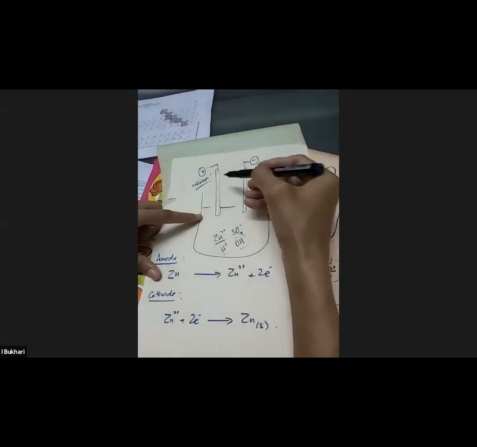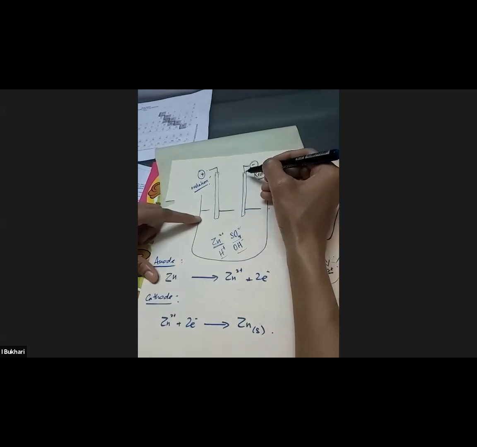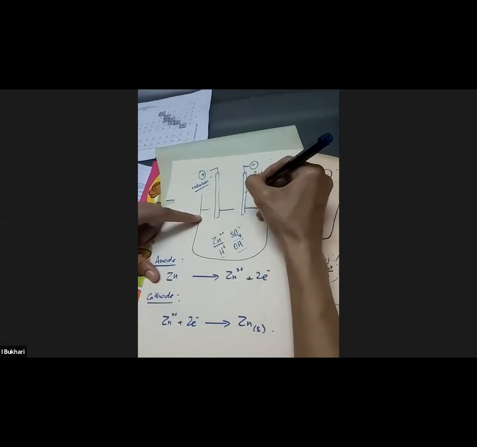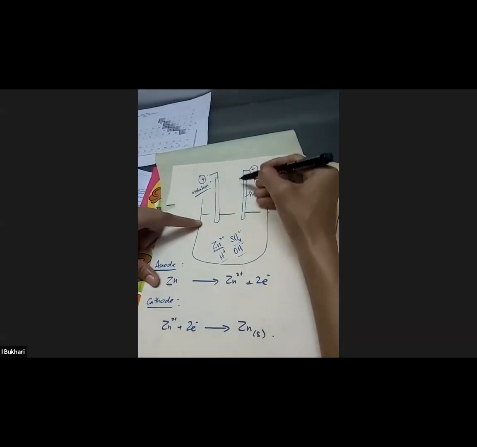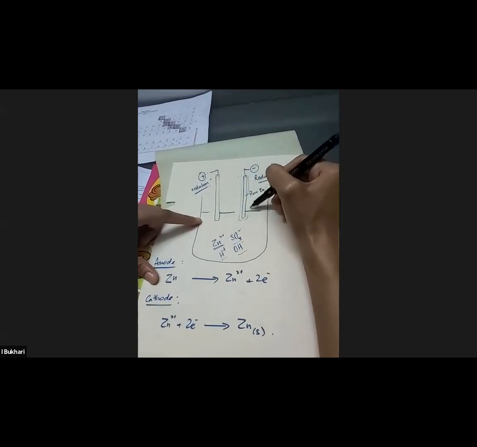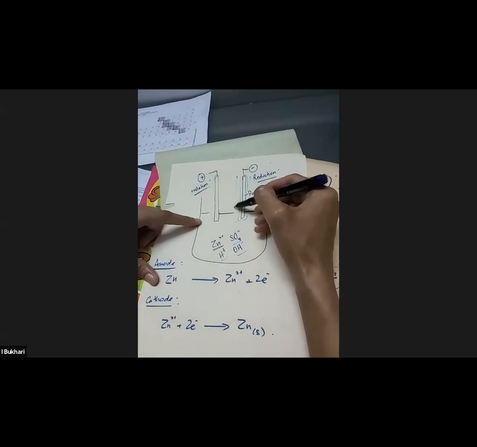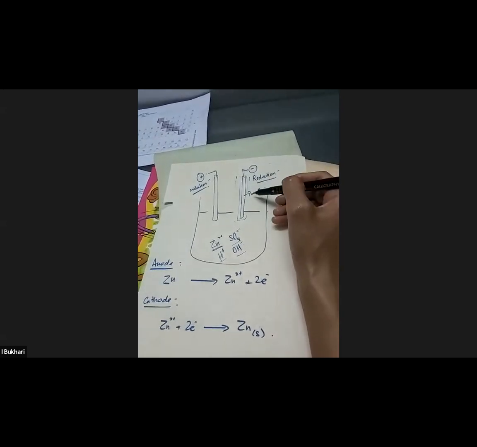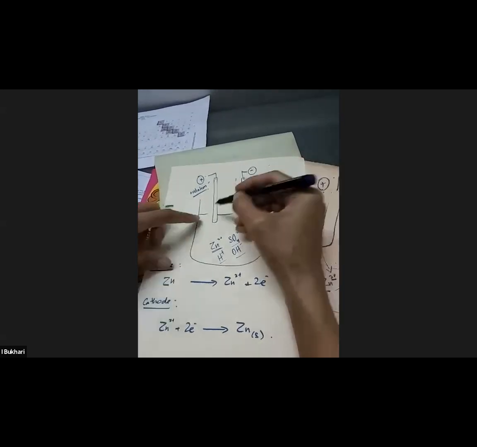So basically, this is a thin sheet of pure zinc, and we are trying to deposit layers of zinc onto it. The layers of zinc will be deposited on this thin sheet of pure zinc.